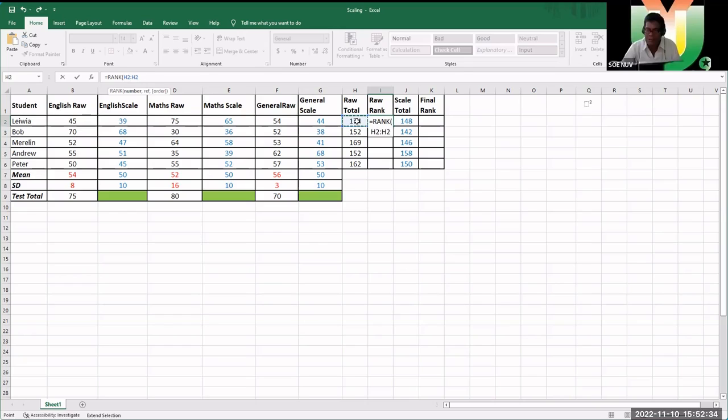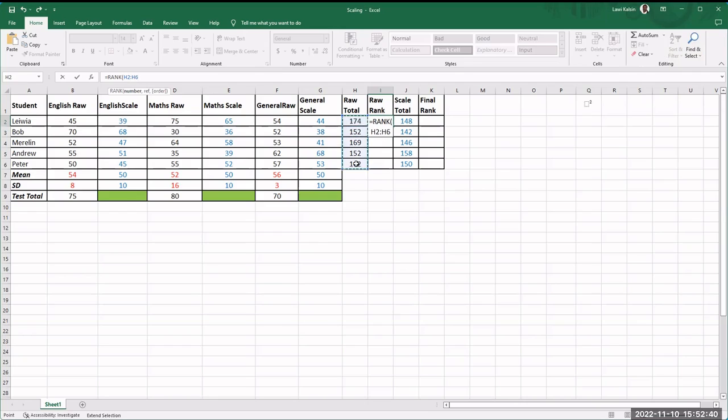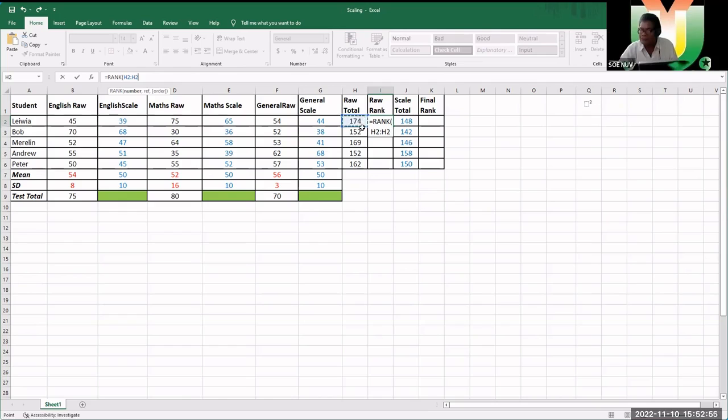Okay, and then you click again on H2, and then you highlight all the other scores. Click again on H2, and then scroll to the last score.